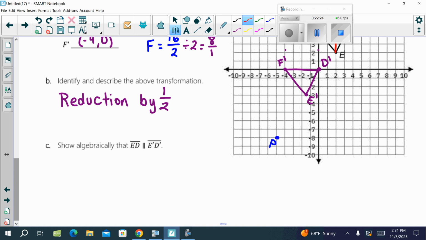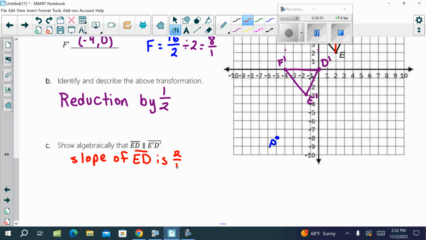So we're going to write slope of ED is 2 over 1. Or you can just write 2. Okay, now we need to do slope of E prime D prime. Well, E prime kind of starts in the middle of a line, right? So I don't want to count that.